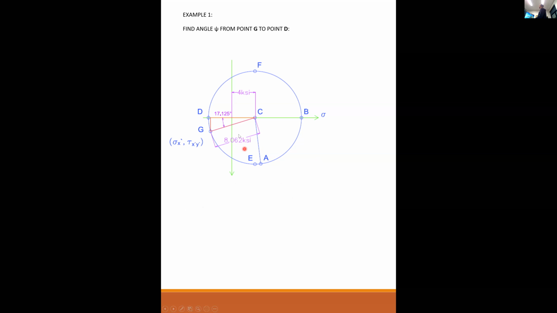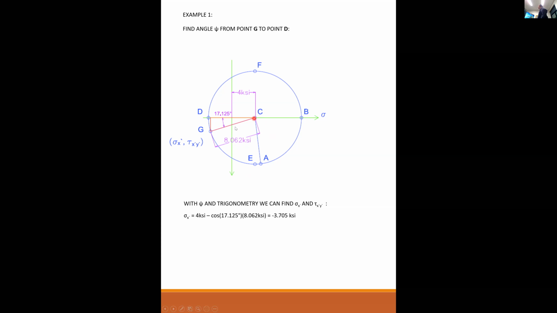So now that I know this, now we can find sigma x prime and tau x prime y prime. And sigma is equal to 4 KSI minus, okay, yeah, that's what I did. So cosine of 17, you know the radius is 8.062. The radius is always 8.062 anywhere on the circle.